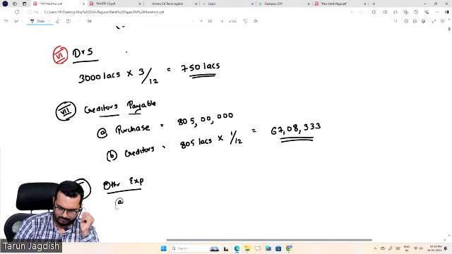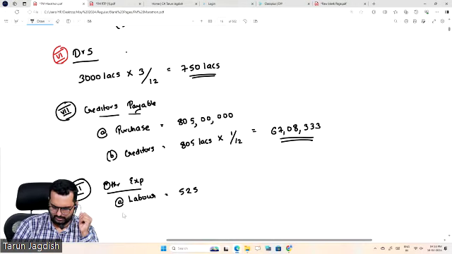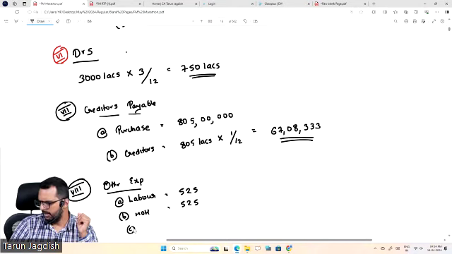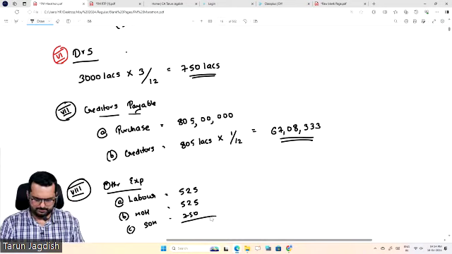So what are the other expense you have? Labor you have. How much is the labor expense? Can you tell me? Was it 525 lakhs? What is the other one? Manufacturing overhead. How much is the manufacturing overhead? 525. Any other expenditure? Selling. Selling is how much? 750. Add up these three. How much do you get?